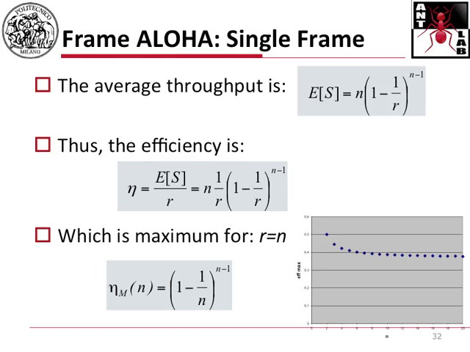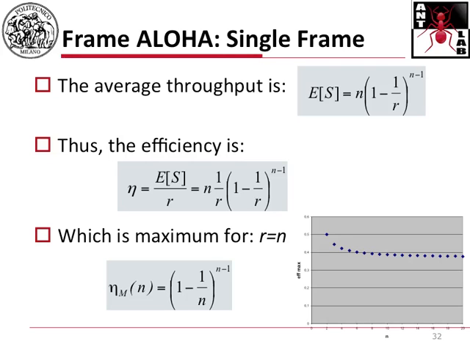Suppose you have a frame of a given number of slots, from 1 to R. And suppose we focus on one single tag and on one single slot. I ask you, what is the probability that a tag which is transmitting in slot 1 goes through?